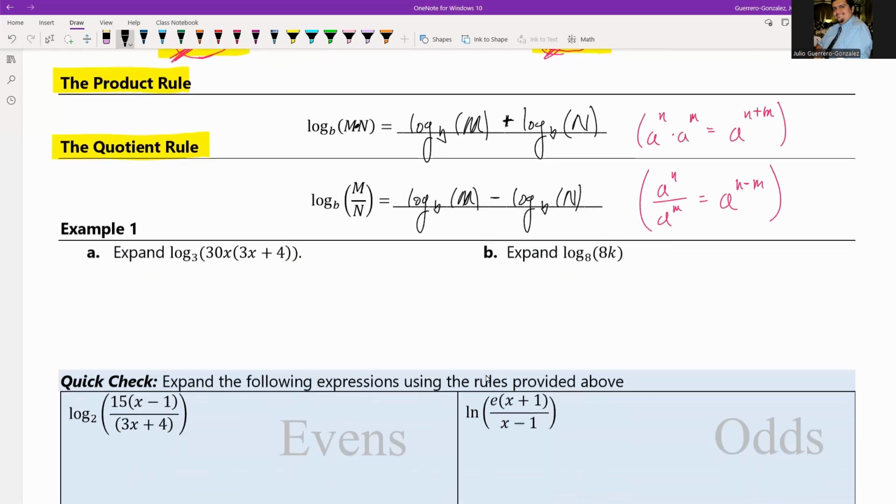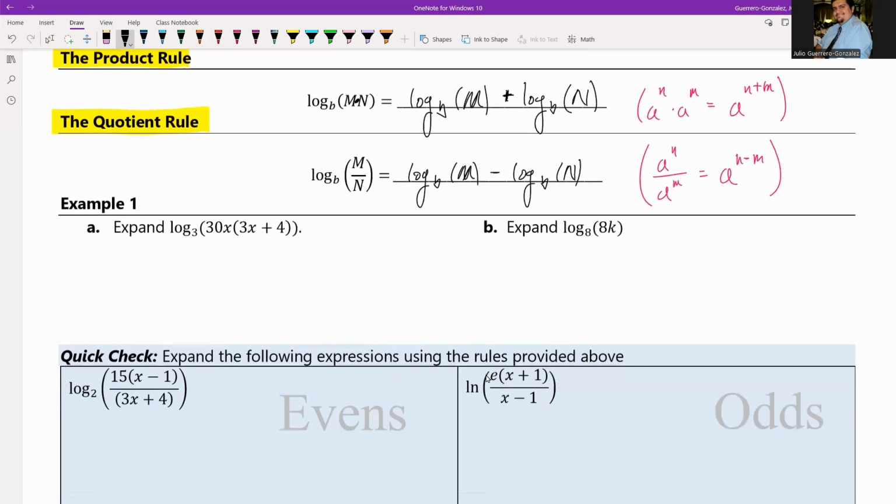There we go. For this first one, I can automatically take these two things as being separate, that and this. So then this is equivalent to log base 3 of 30x plus log base 3 of 3x plus 4.